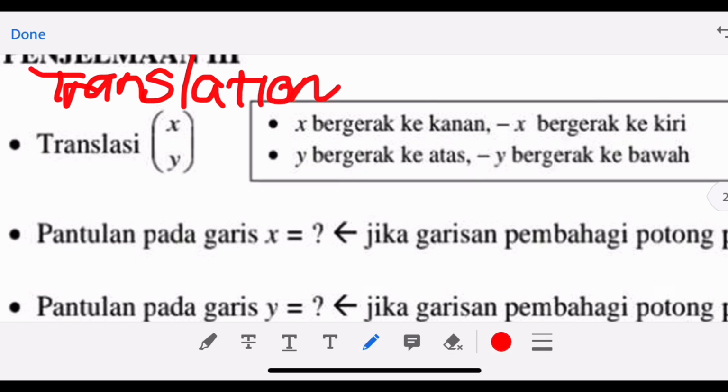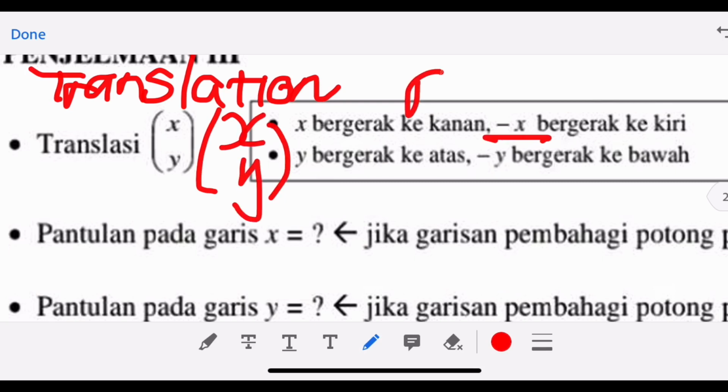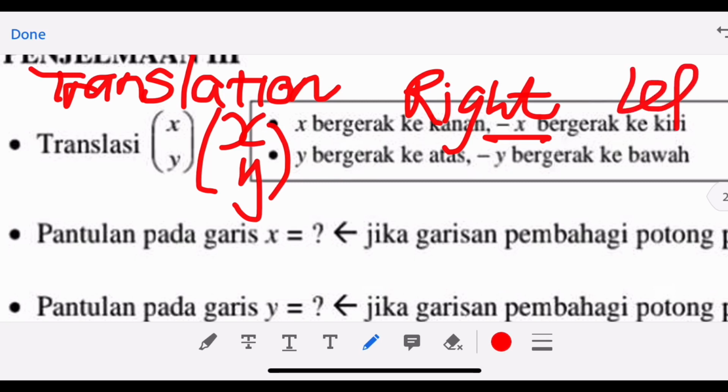If moving to the right, it is along the positive x-axis, so we write positive x, but the positive sign we don't write. If moving to the left, it will be a negative value for x. So right is positive, left is negative.